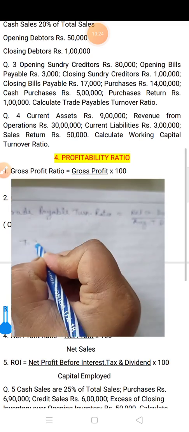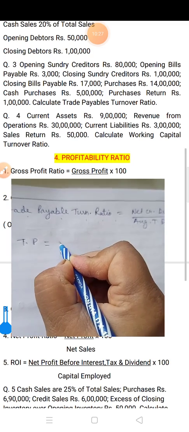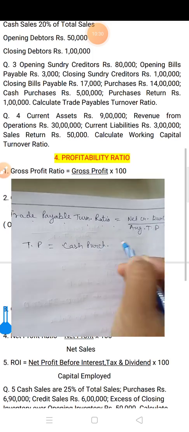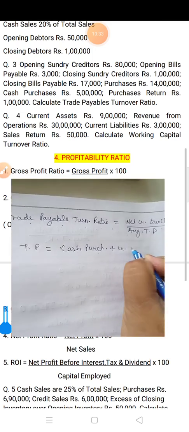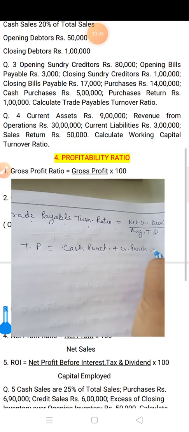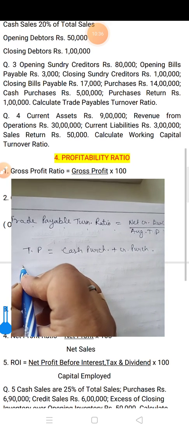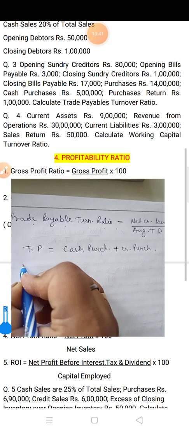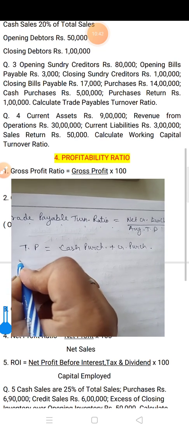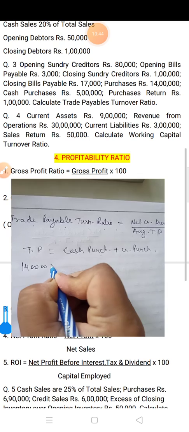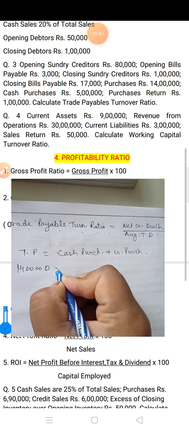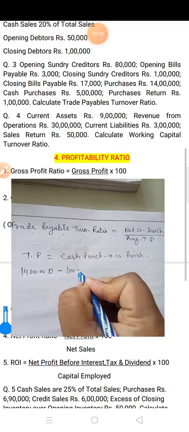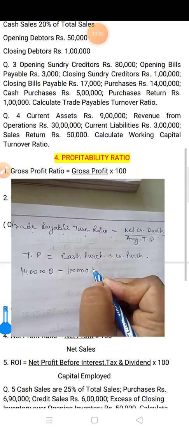For this, total purchases is equal to cash purchases plus credit purchases. So here total purchases amount is 14 lakh minus purchase return 1 lakh, then it is equal to the net purchase.